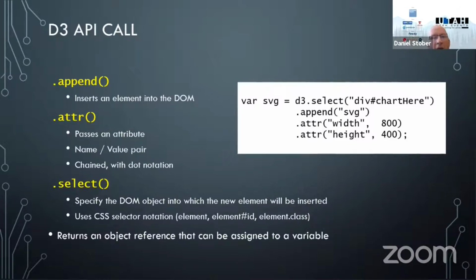I could have named it anything at all that I wanted to. But by convention, most of the code that you'll see, people assign it to a variable named SVG. So there's nothing magic about that, but it just makes it easier to read other people's code when you follow the conventions. So I'm assigning it to a variable named SVG, and in the subsequent calls that you'll see, I'm going to be appending things to this SVG, and that's how I'm going to insert all of the shapes that we're going to do into this SVG.